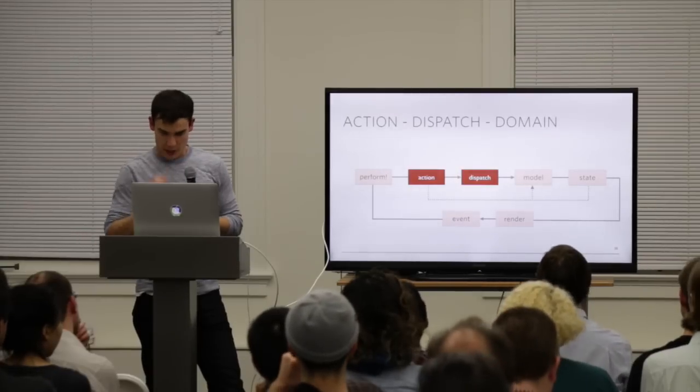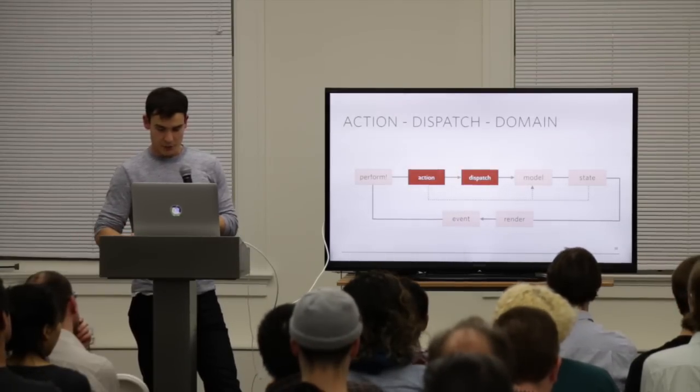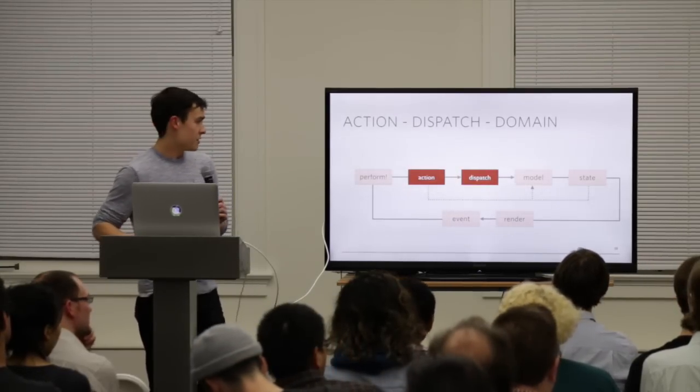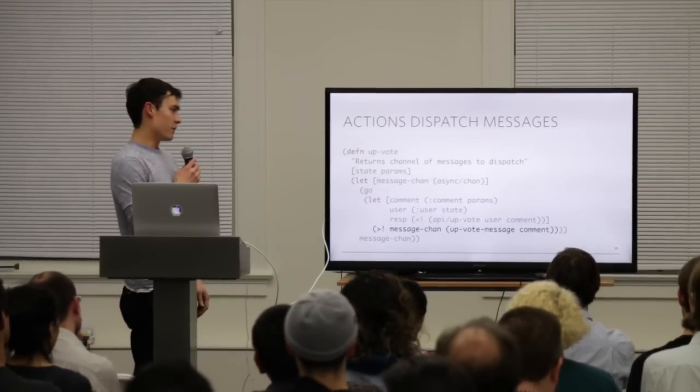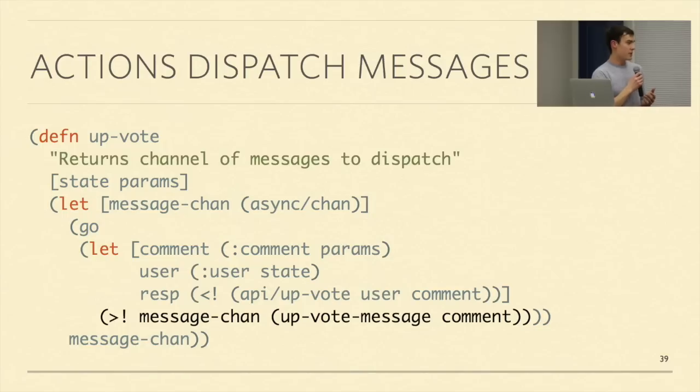Next in the chain is the action and the messages that it dispatches. This is just an example action that we could have. The way this one is set up is that actions return channels, core.async channels, which, if you're not familiar with core.async, is a library to take asynchronous code and turn it into sequential steps.